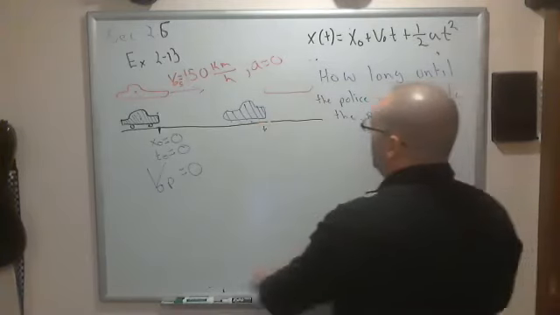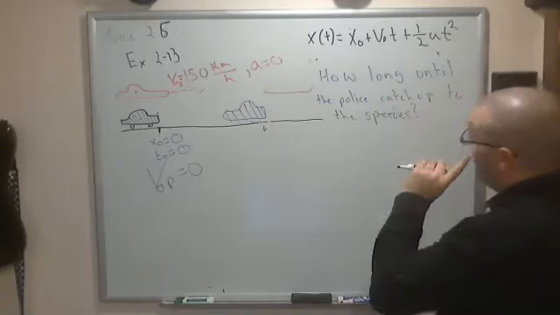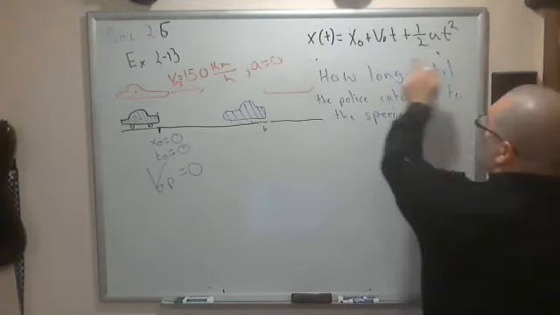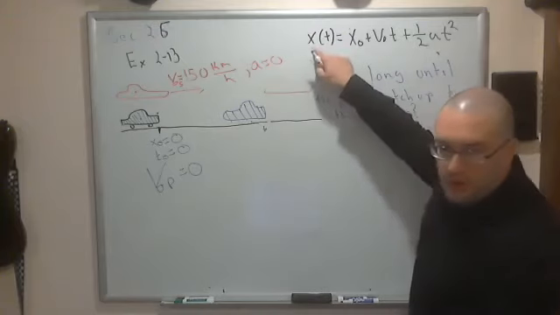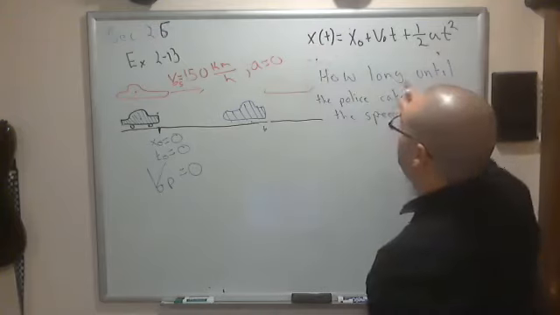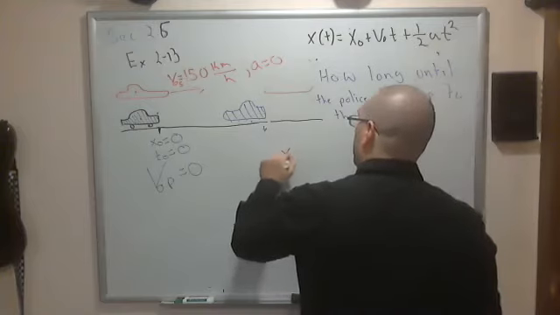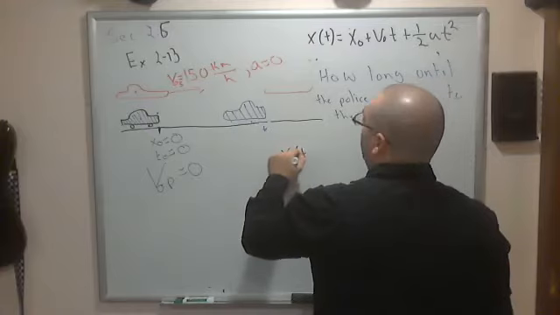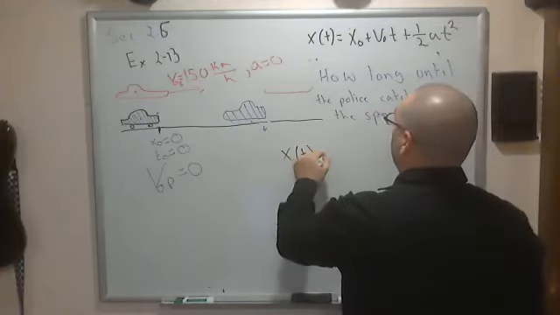So we'll have 2 equations of motion. So write them down. We have the position function for the speeder. Let's do the speeder first.